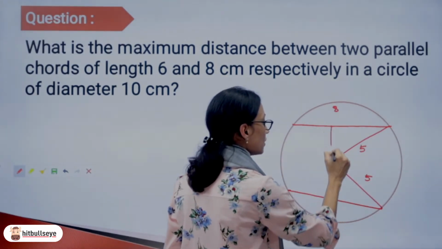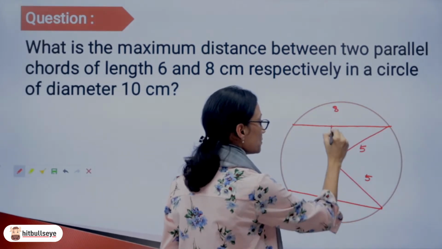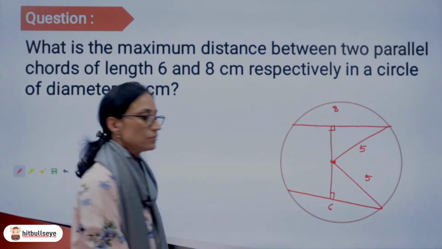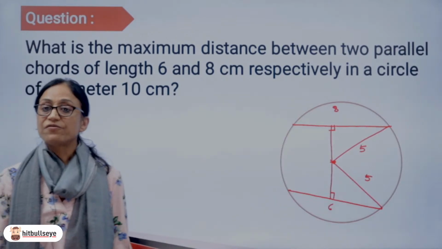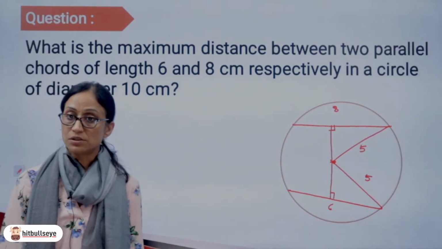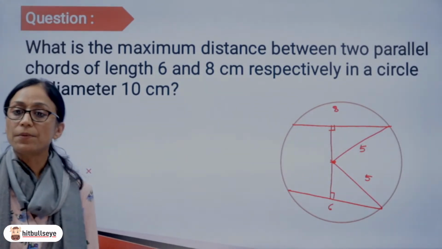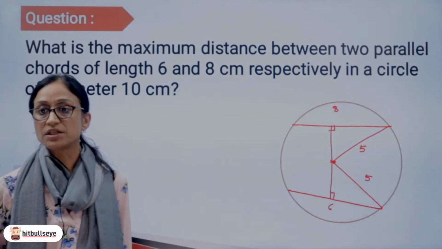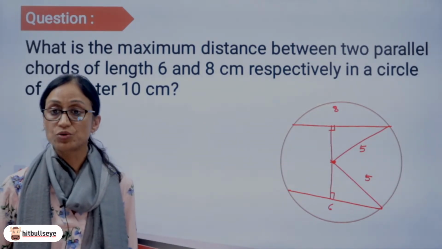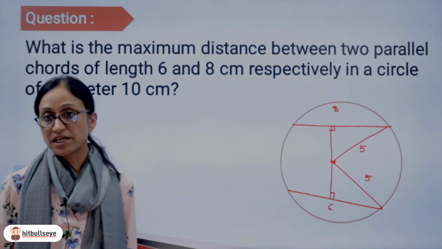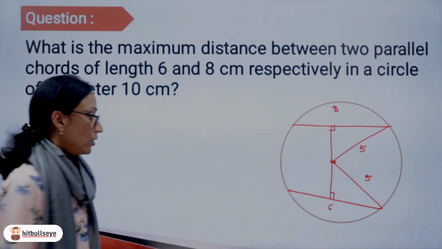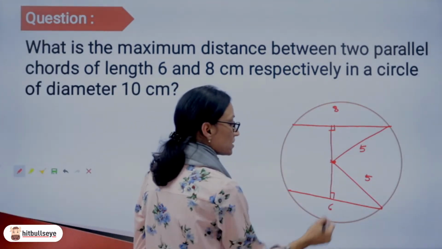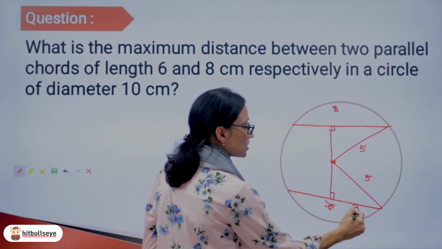Now I'm sure it's very obvious how to proceed with the solution. A very famous theorem for circles, that is, when we drop a perpendicular from the center of the circle to the chord, it bisects the chord. That's it. So if this entire measurement is 6 centimeters, then this much is 3.